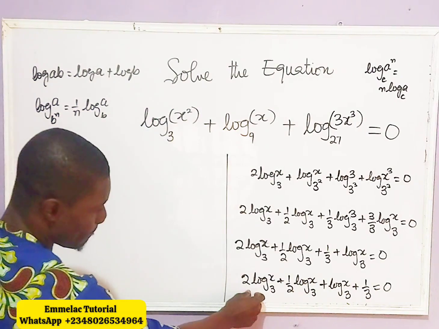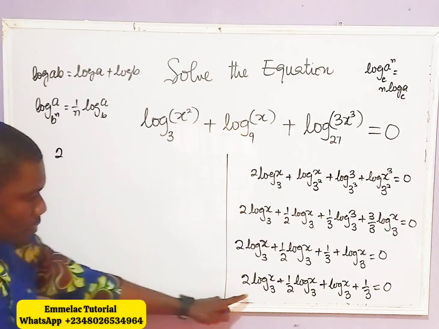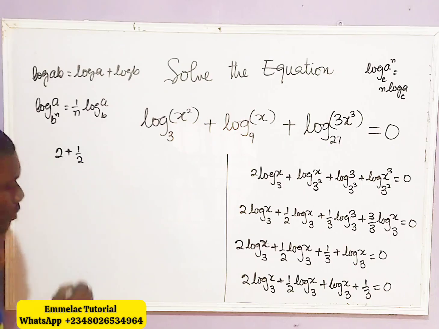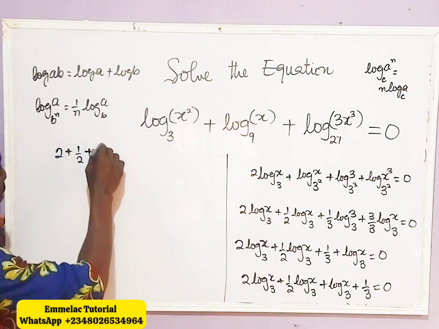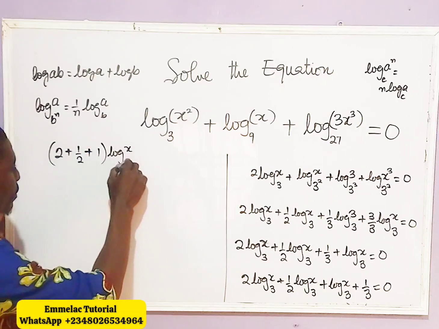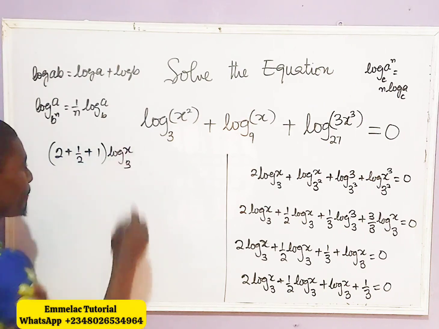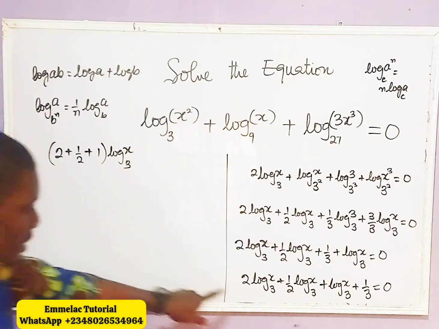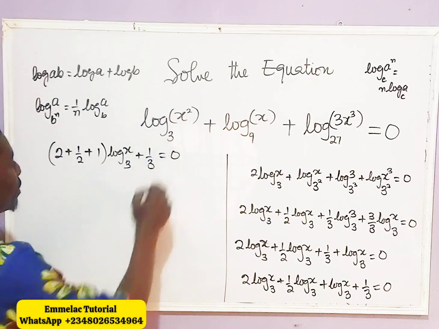By factoring it out, we have 2 plus 1 over 2 plus 1, then log x base 3, then plus 1 over 3 equals 0.